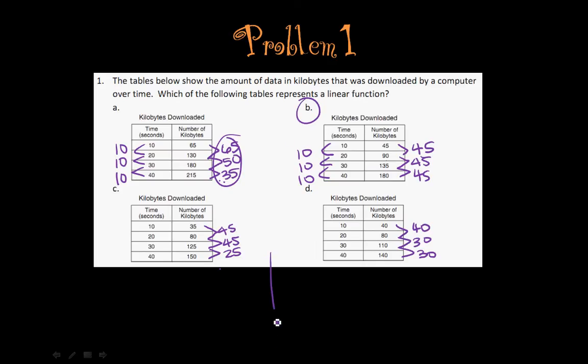If you needed to see this as a graph, you could graph these points. We'll say 10, 20, 30, and 40, and then we'll say that this is 50, 100, 150, 200.